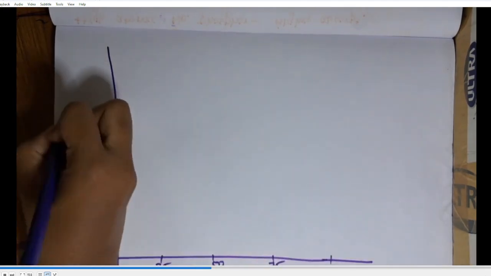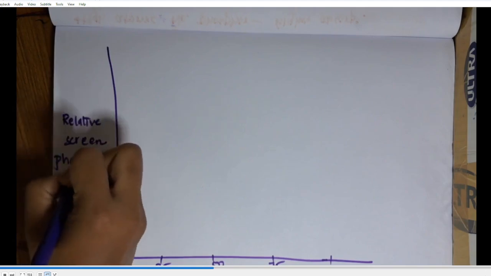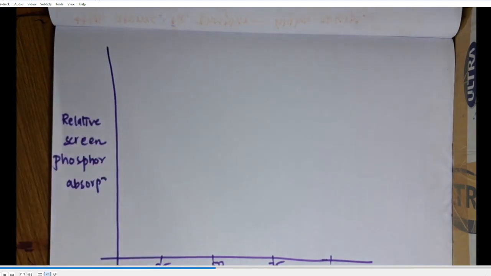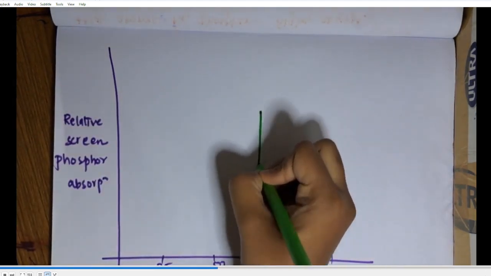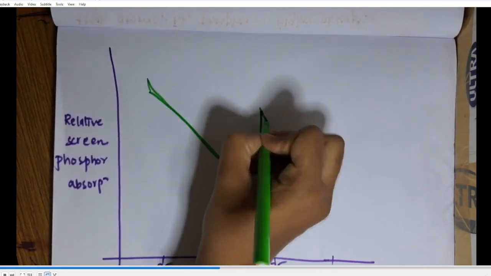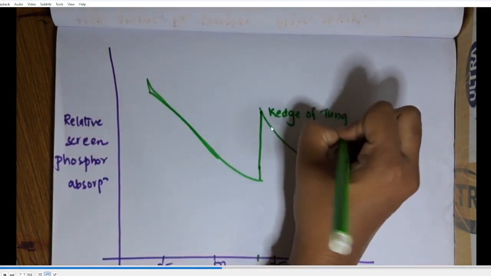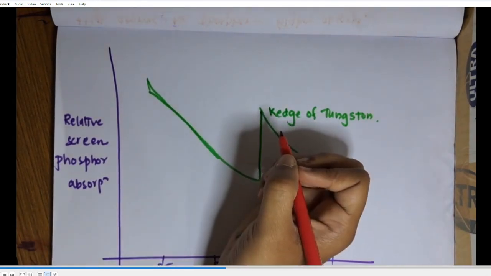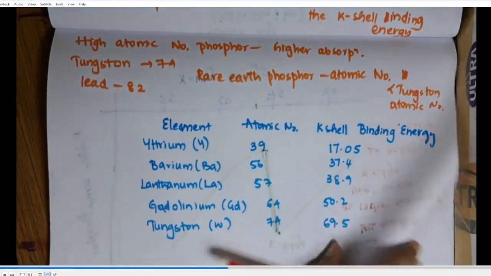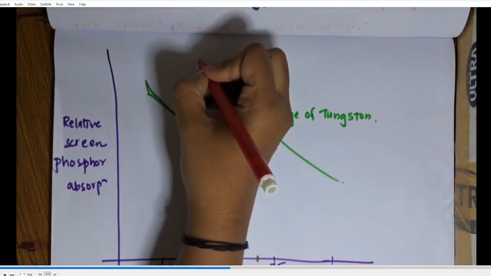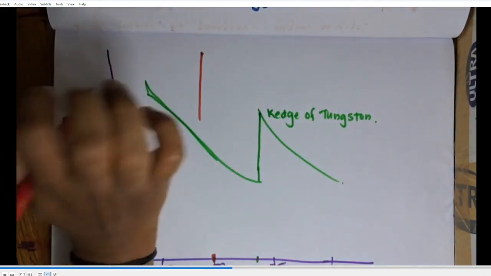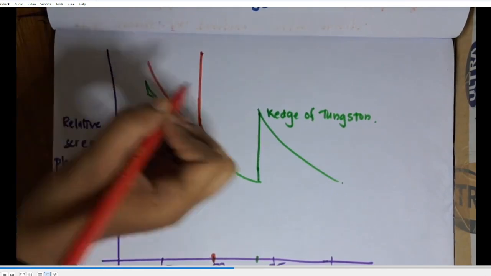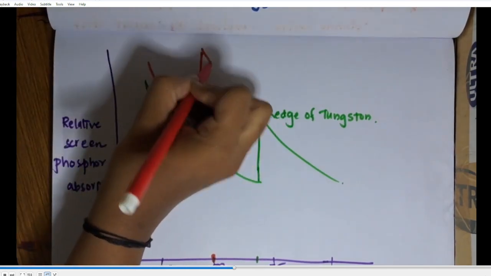Next we will superimpose the same with gadolinium. This is a comparison of approximate X-ray absorption as a function of X-ray photon energy for calcium tungstate and gadolinium. This is for calcium tungstate, where the K edge is at 69.5 or 70 kiloelectron volts. Gadolinium has a K edge of 50.2 kiloelectron volts.